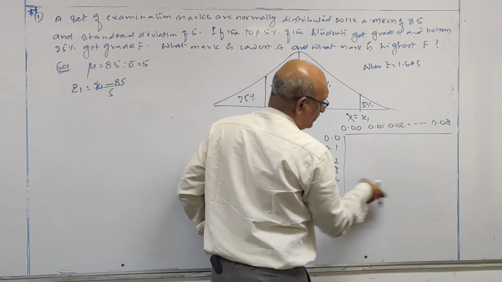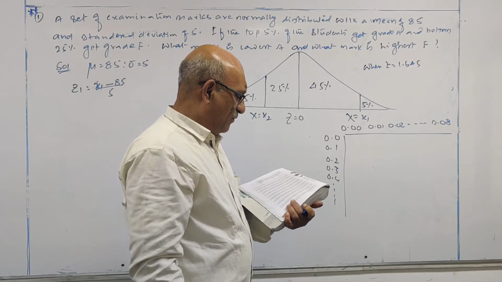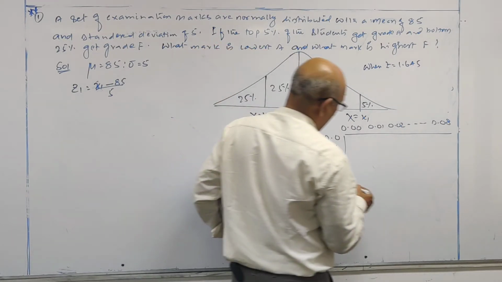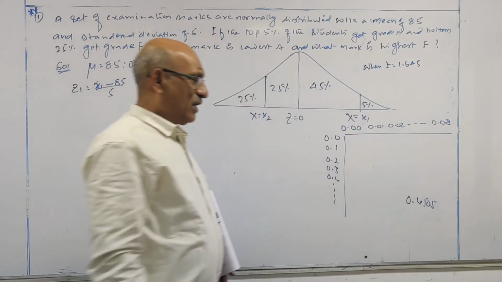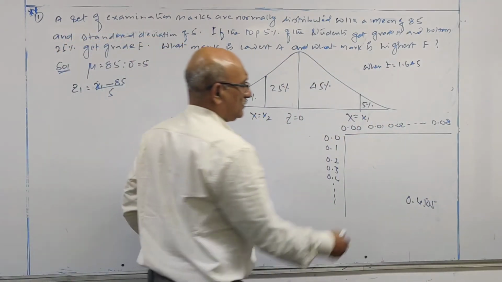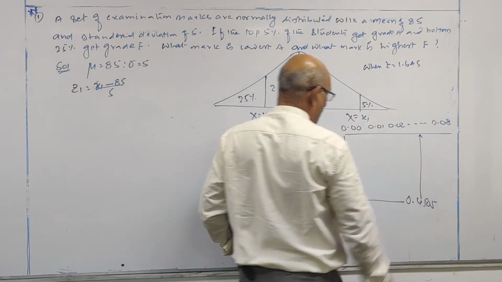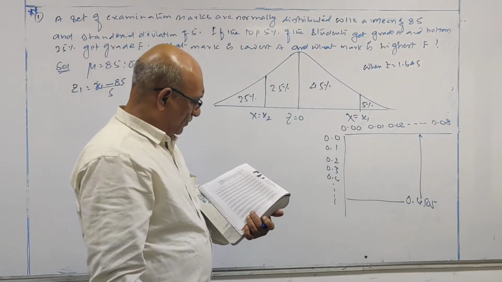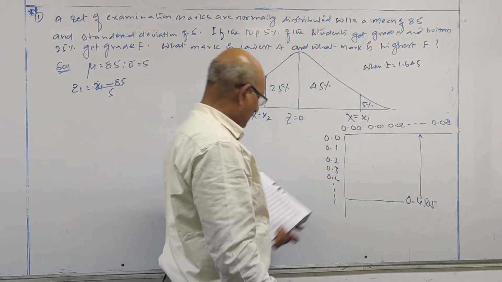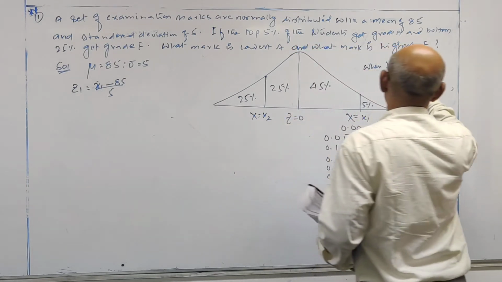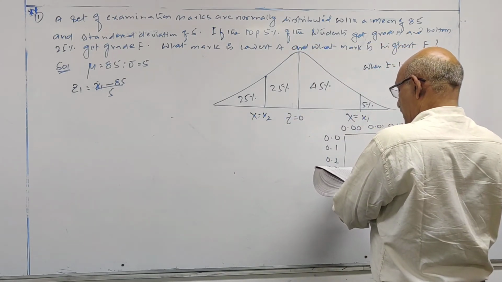At one particular place you have an area 0.4505. There is a value 0.4505 corresponding to this. It is 1.6 and that is 0.05, so 1.65.